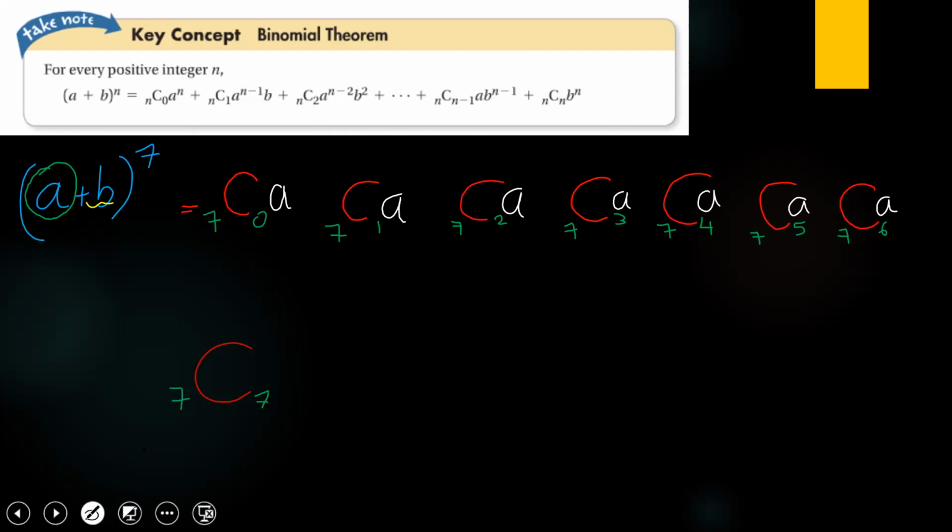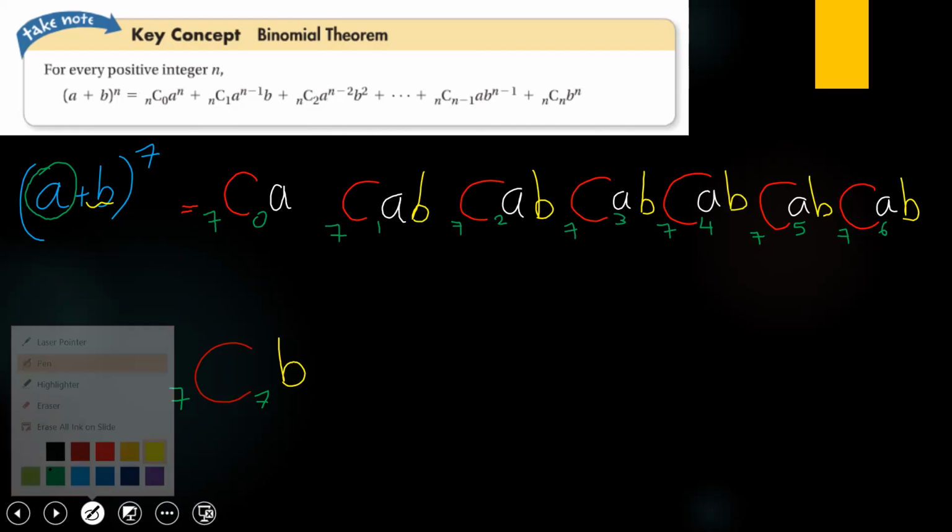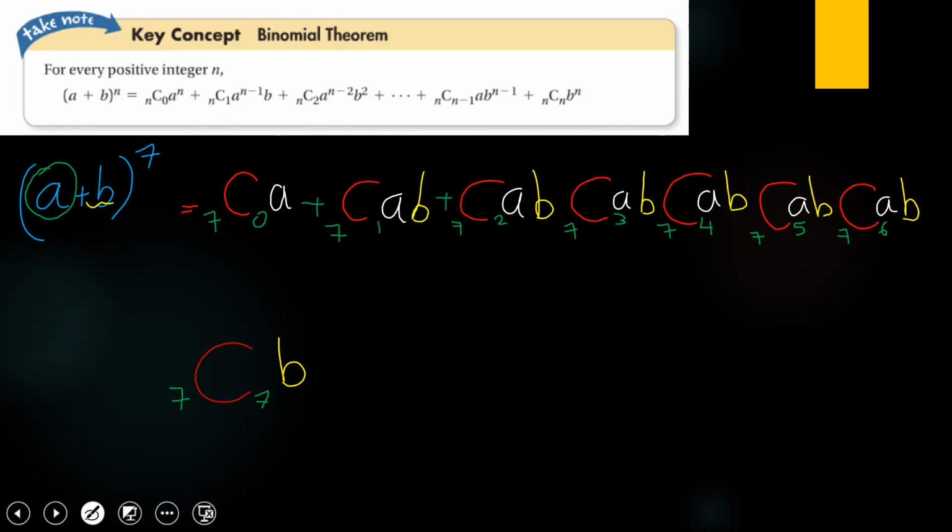I want you now to write b from the second term until the last one, and between them you write a plus sign. So a goes from the first term until the last term minus 1, and b from the second term until the last term.